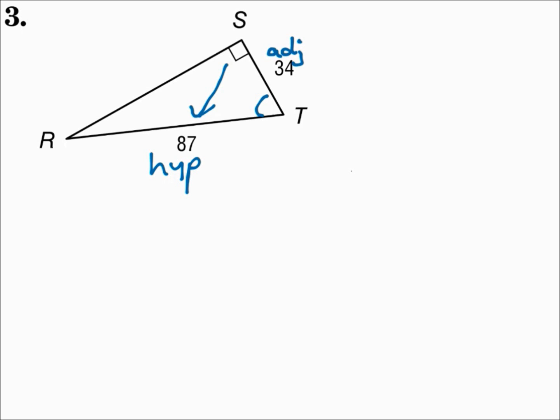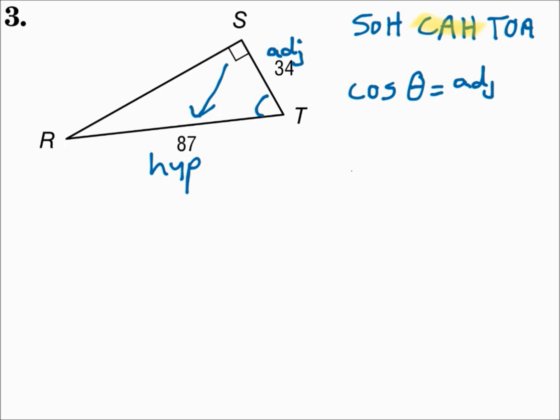Should I use sine, cosine, or tangent? Remember SOHCAHTOA. Since I have the hypotenuse and the adjacent, I'm going to use cosine, C-A-H, because the cosine of theta equals adjacent over hypotenuse. I chose cosine because the sides I know are the adjacent and the hypotenuse. Substitute in.